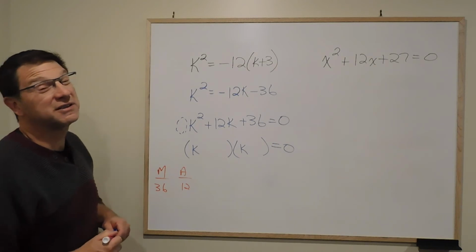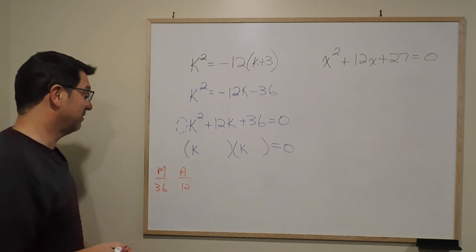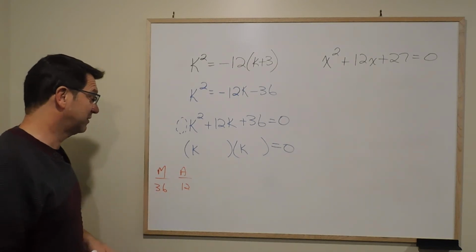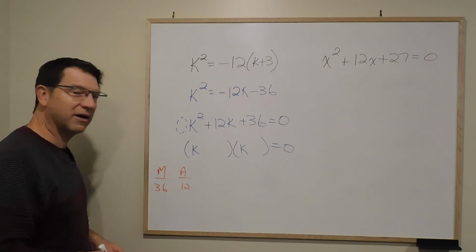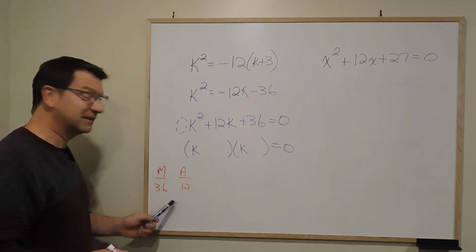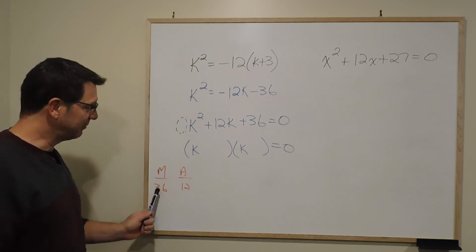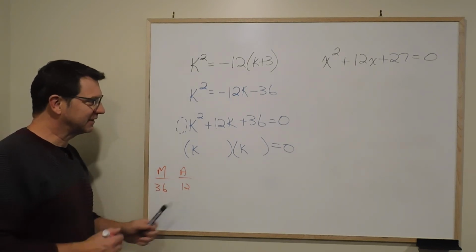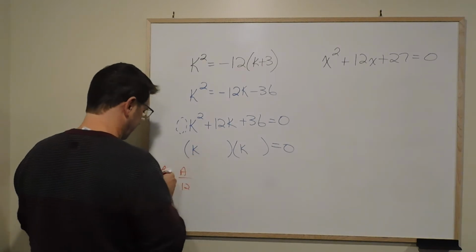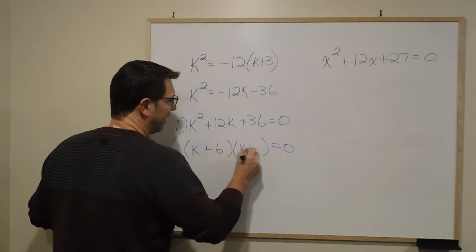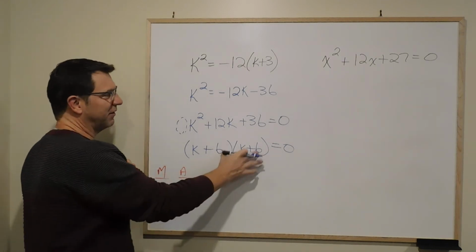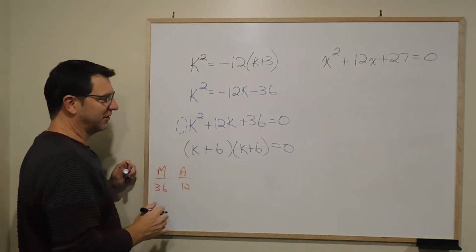Well, 1 times 36, 2 times 18? No. 3 times 12? No. 4 times 9? 6 times 6? 6 plus 6. All right, so 6 and 6. When I multiply those, I get 36. When I add them, I get 12.